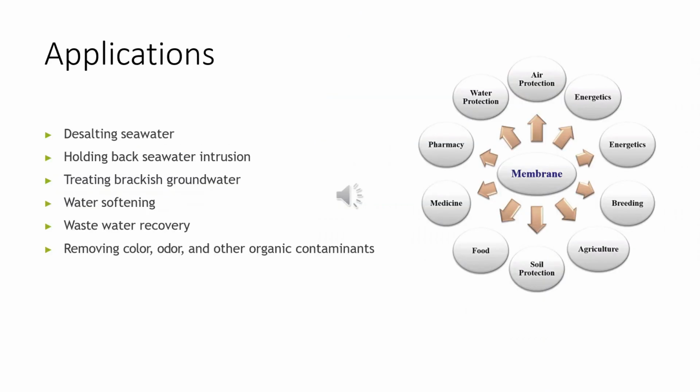Because of its multidisciplinary character, we can apply membrane technology in a lot of industries, including water treatment for domestic and industrial water supply, chemical, pharmaceutical, biotechnological, beverages, food industry, and so on. As you can see in the figure here, among the applications of membrane technology, we can use it for desalting seawater and for holding back seawater intrusion.